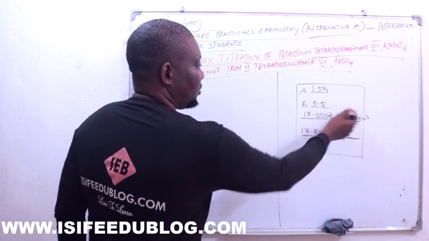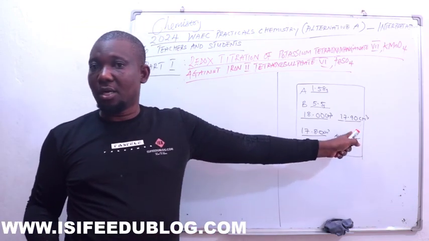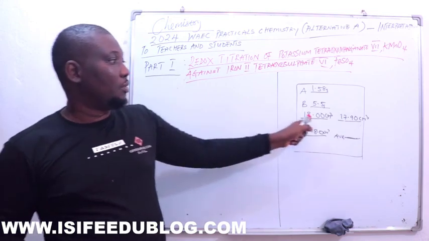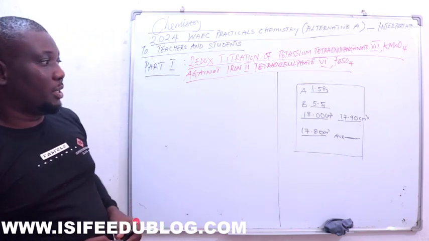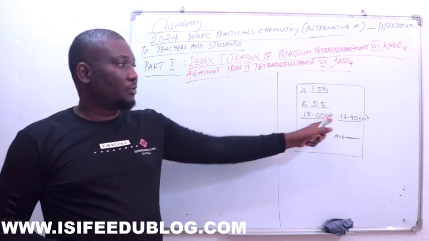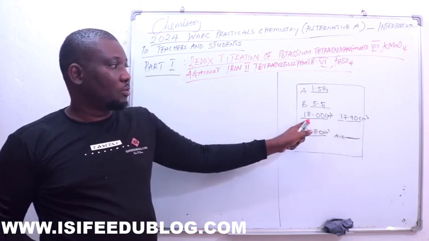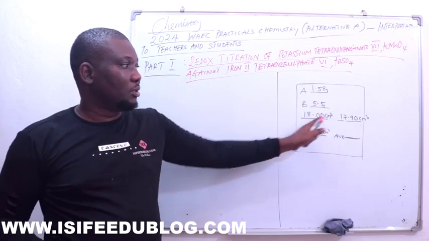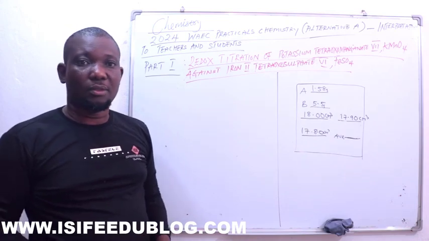And then the average of these three is what the teacher is going to have here. So it means that the students are expected to have a very close range to the teacher's three experiments carried out.